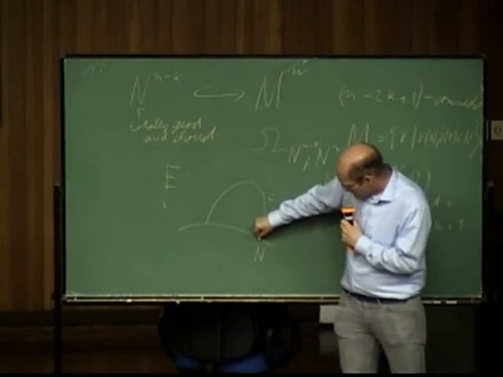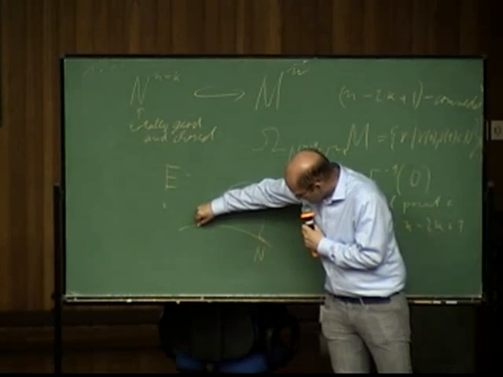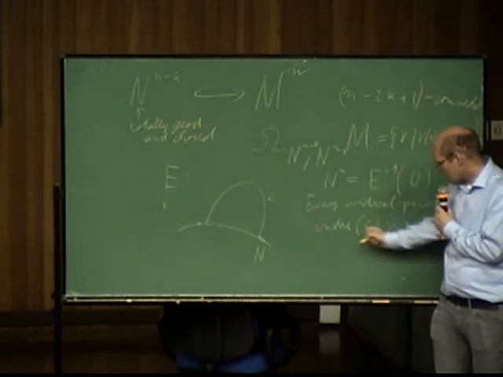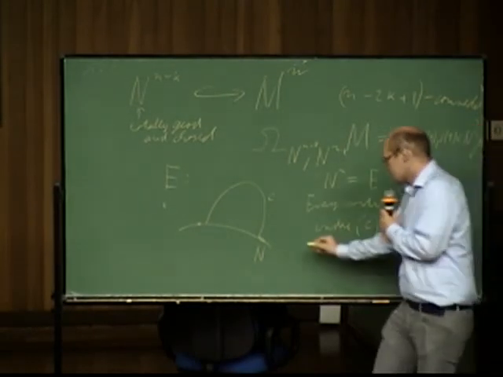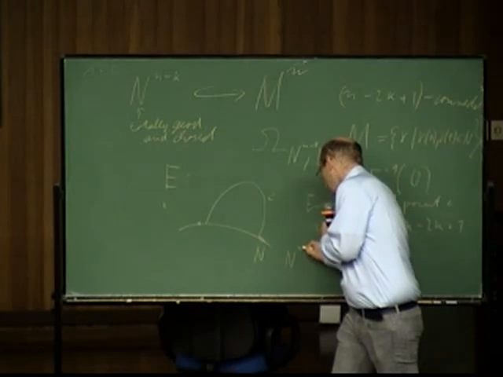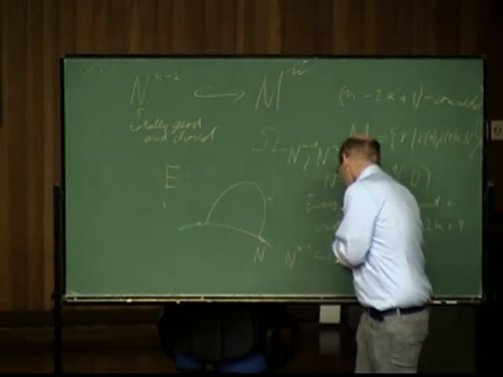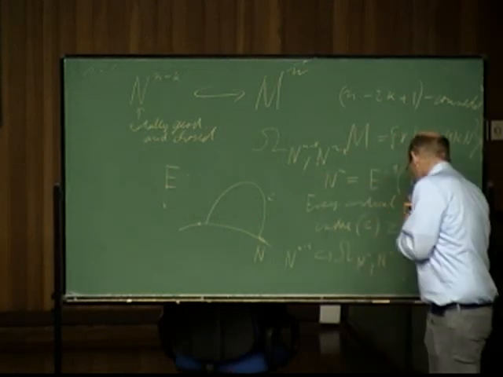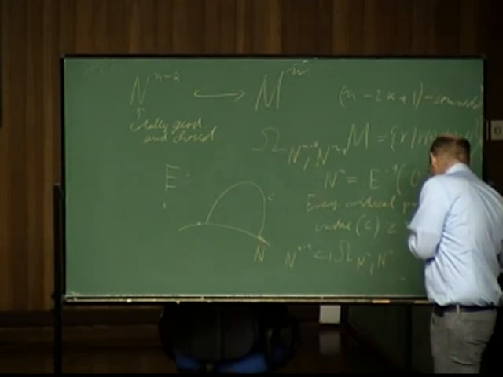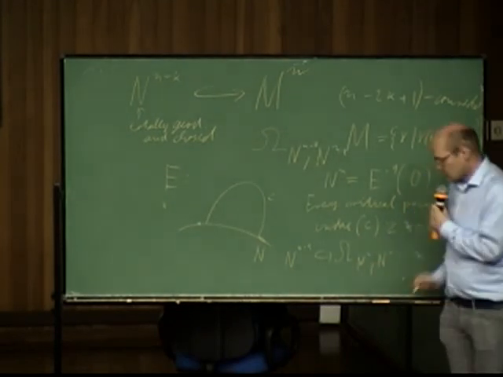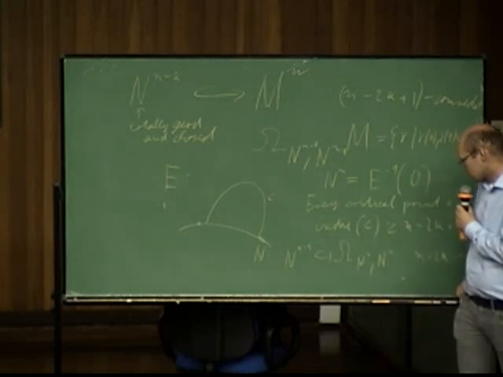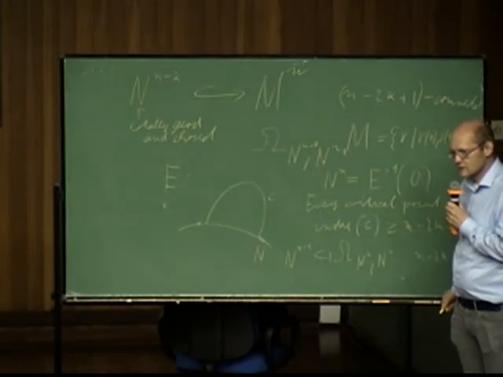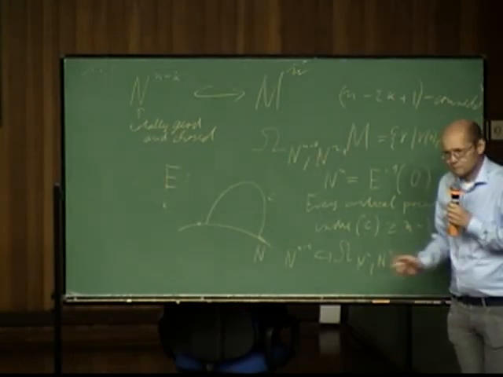So if you exponentiate a parallel vector field, you still have a curve inside the space, and the length gets decreased. That's how you get this index estimate, and that means that the inclusion map of N inside this path space is n minus 2k connected, because all the critical points afterwards have index at least n minus 2k plus 1, and that is equivalent to this statement. That's the main point, actually.